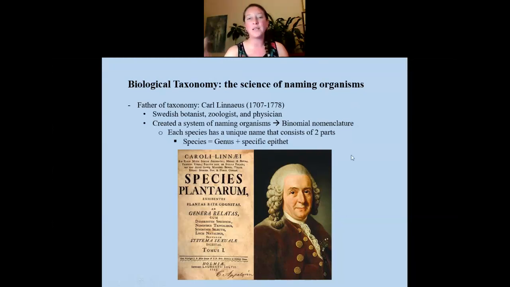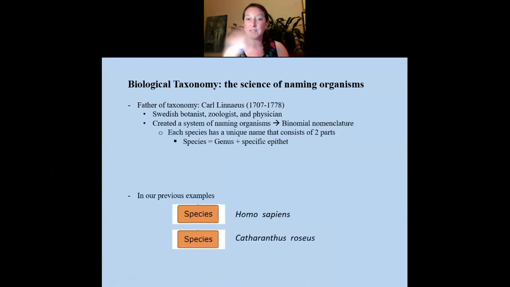Anyways, this is the guy who did it, right? Carl Linnaeus. And this is what I was just saying with trying to draw, which I'm horrible at: you have that two name naming system, binomial nomenclature. And the two names are the genus and what's called the specific epithet.